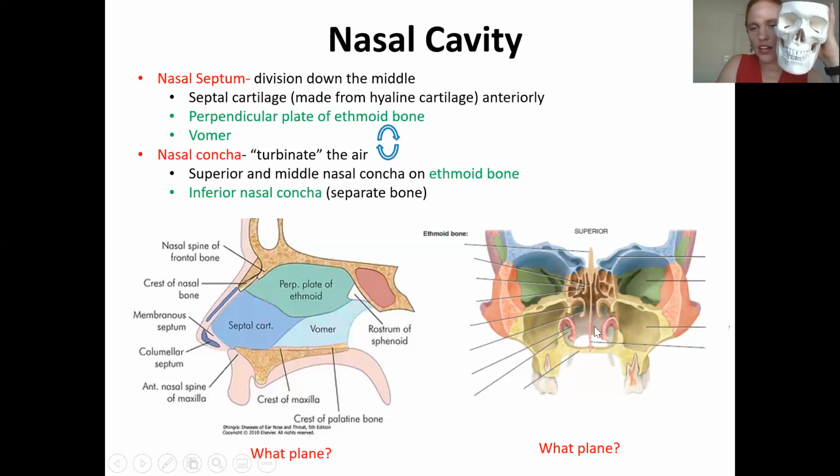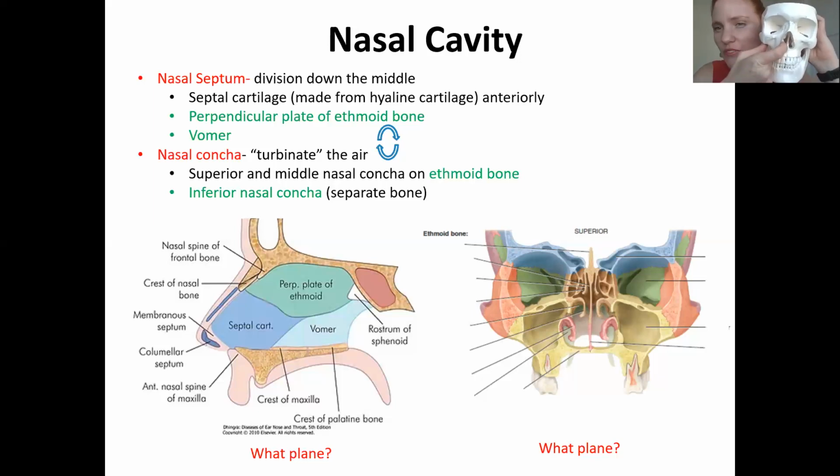Now here, down here in pink, is called the inferior nasal concha. Now the inferior nasal concha is a separate bone. It's its own entire bone. It's just a tiny, tiny bone that has that crashing structure.